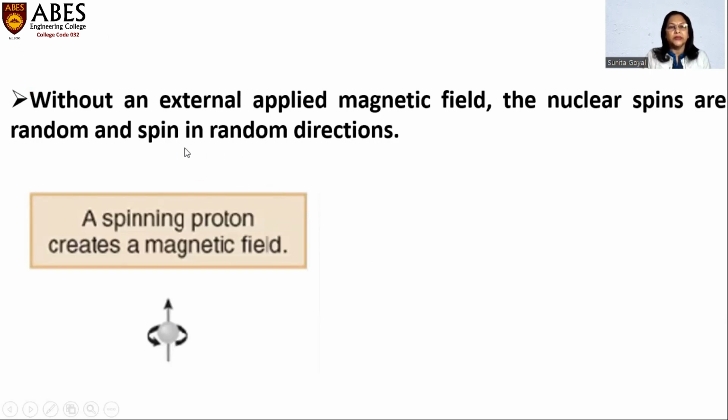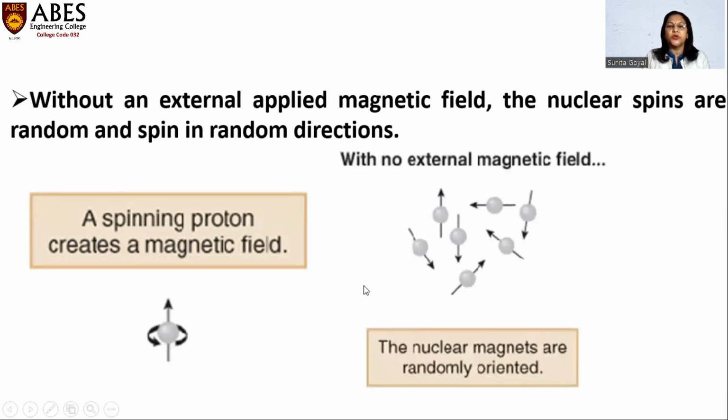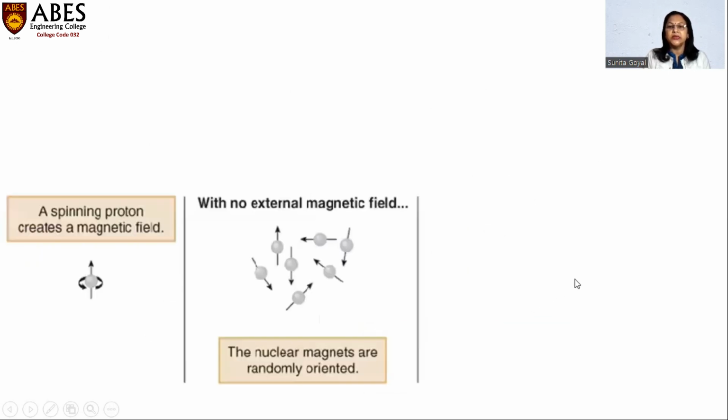When these protons are not present in any external applied magnetic field, their nuclear spins are random and in random directions. So here we can see that there is no external magnetic field and the spins of the nuclei are randomly oriented.